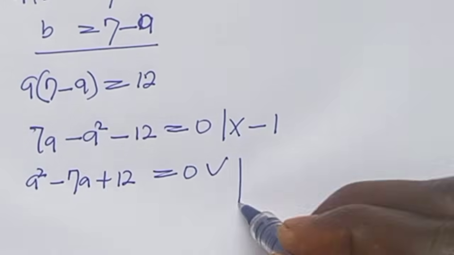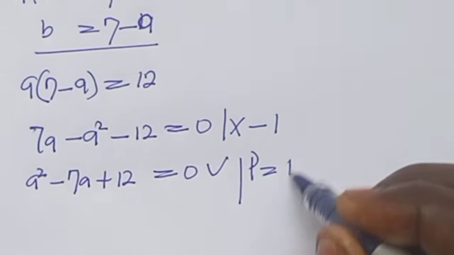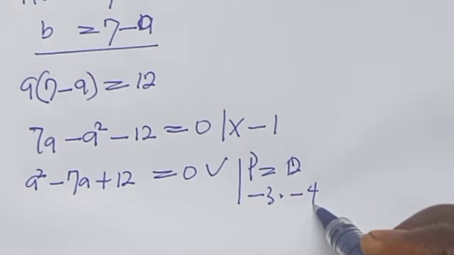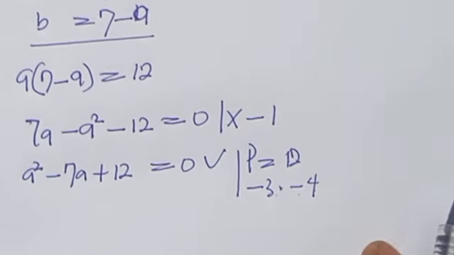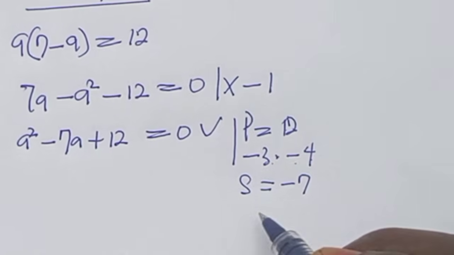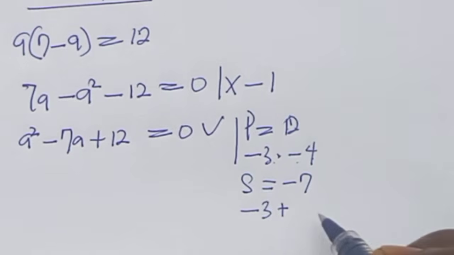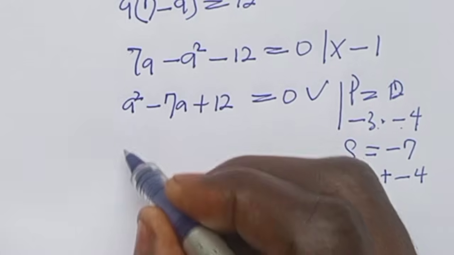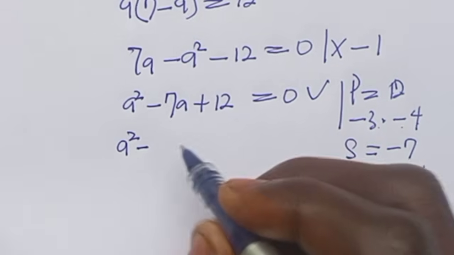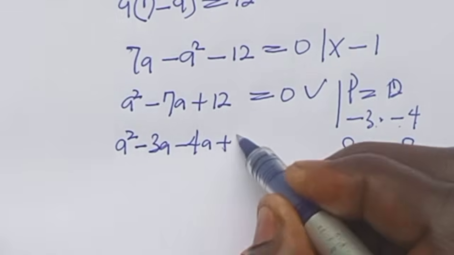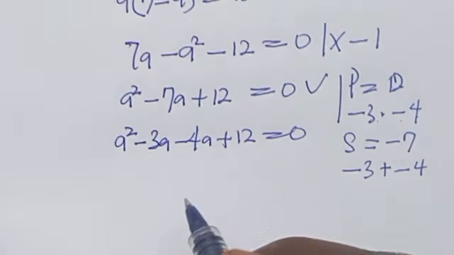And if we want to factorize this, the product is 12 and it's obtained by minus 3 times minus 4. Minus 3 times minus 4 is plus 12. And the sum is minus 7, also obtained by minus 3 plus minus 4 as minus 7, and it's fine. So our equation therefore becomes a to the power of 2 minus 3a minus 4a plus 12 equals 0.